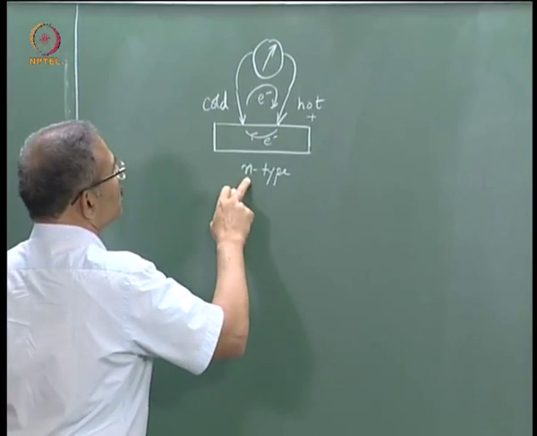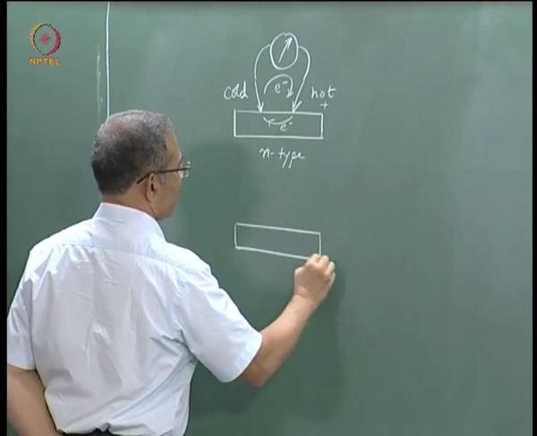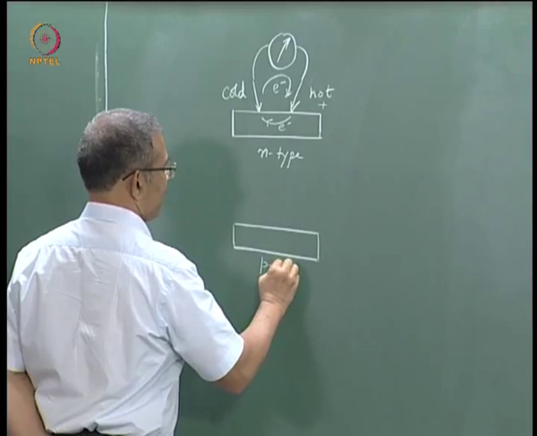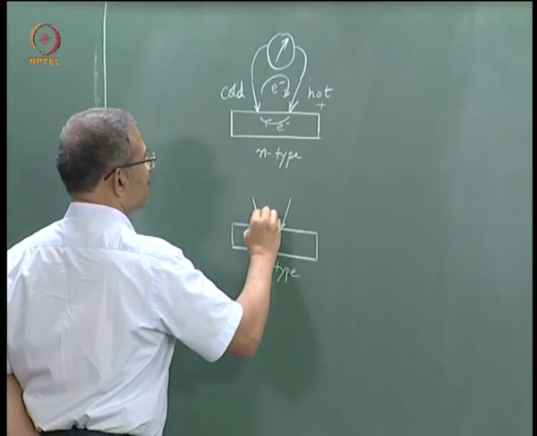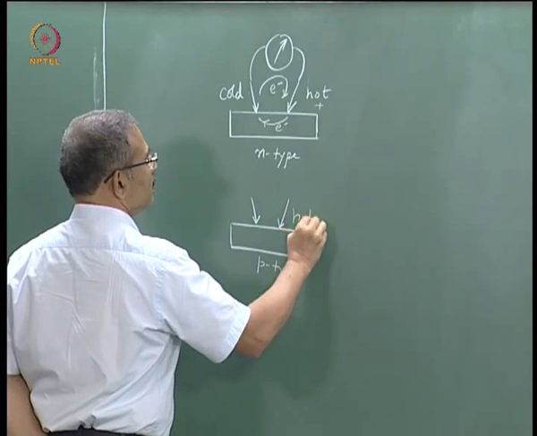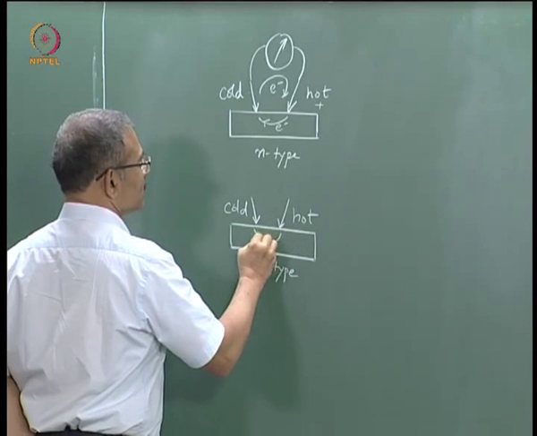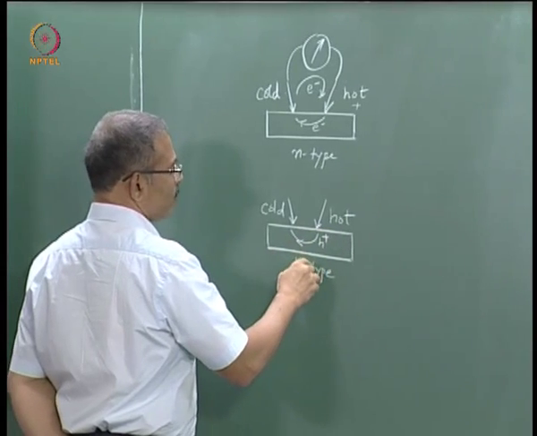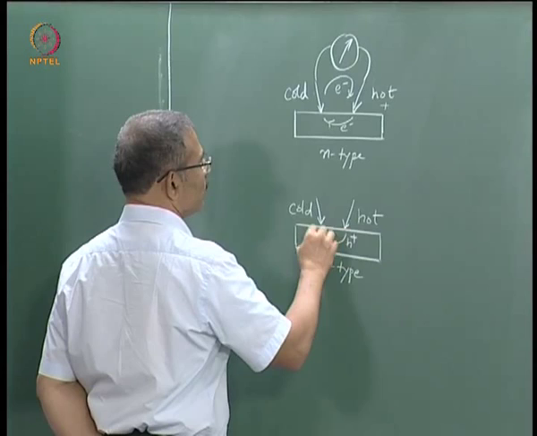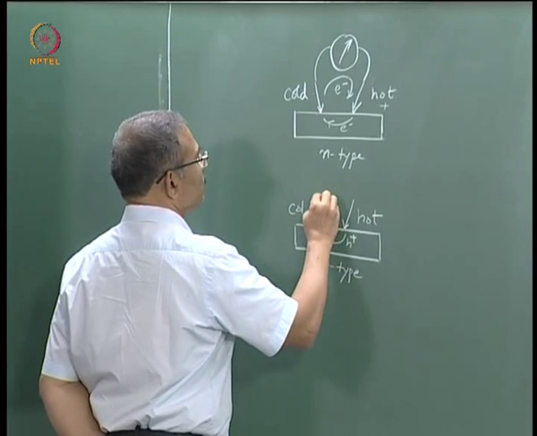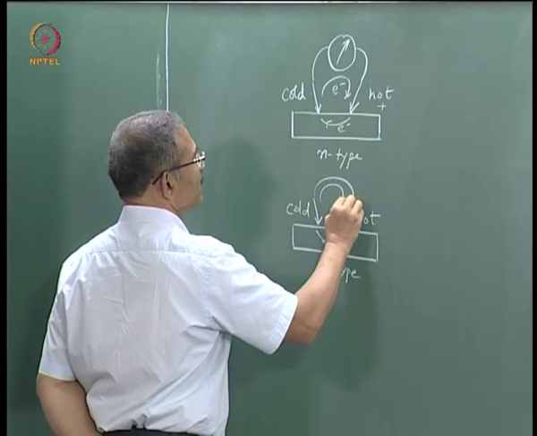Now if this sample was p-type, then in the same situation you would have flow of holes here, flow of electrons would be there, but you know the electron concentration is small, so the hole flow will dominate, and when you close the circuit, the same holes would move in this direction.